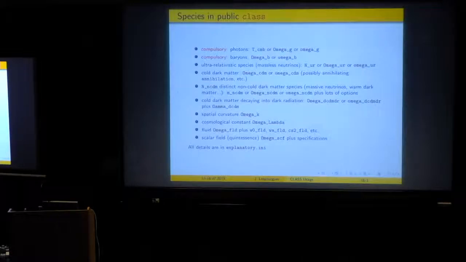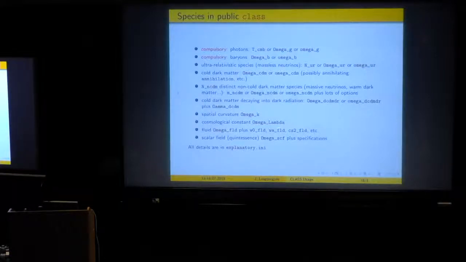So I don't know why the number here doesn't work. I will correct it. We were at the point where we were describing all species in CLASS. And I told you about cold dark matter, baryons, ultra-relativistic species like massless neutrinos or others, non-cold dark matter species, which include massive neutrinos or warm dark matter.